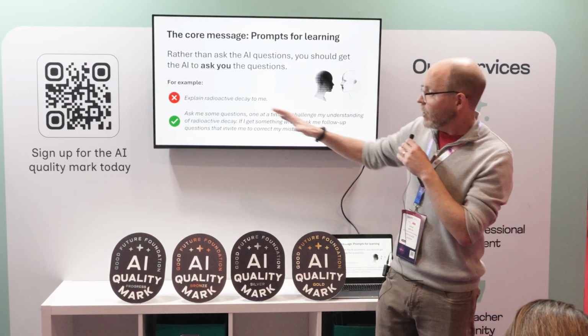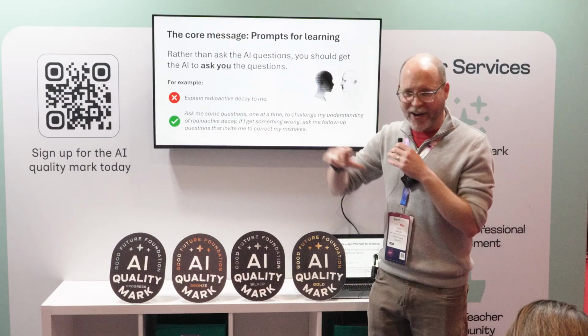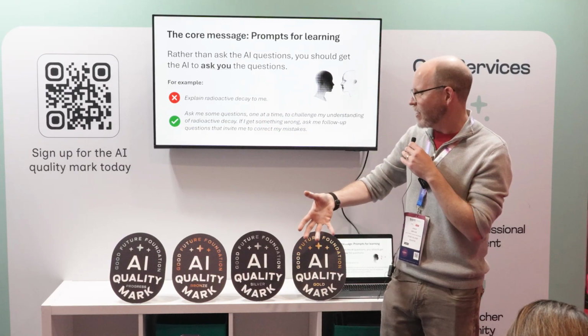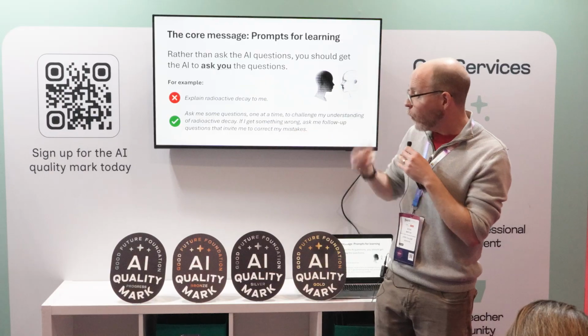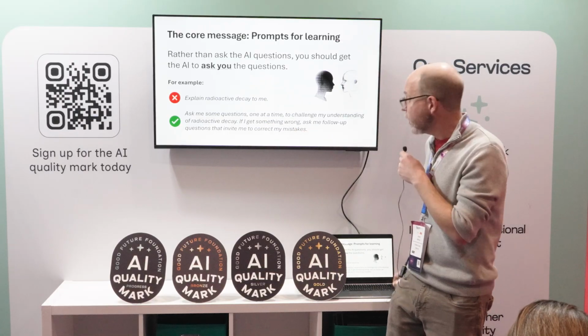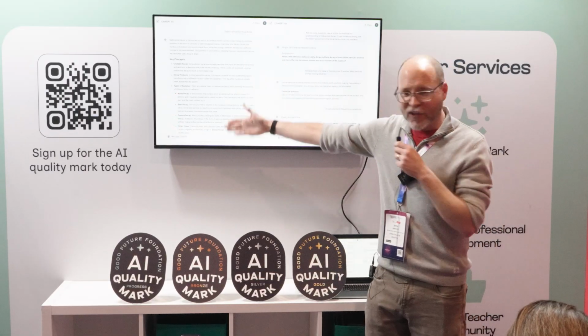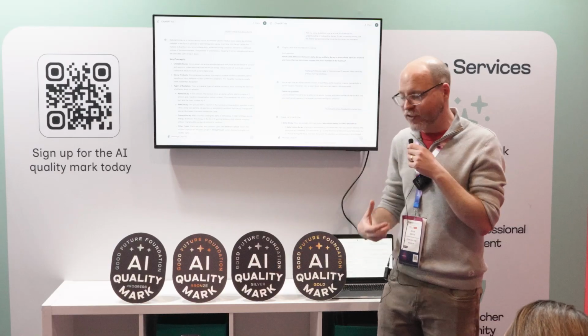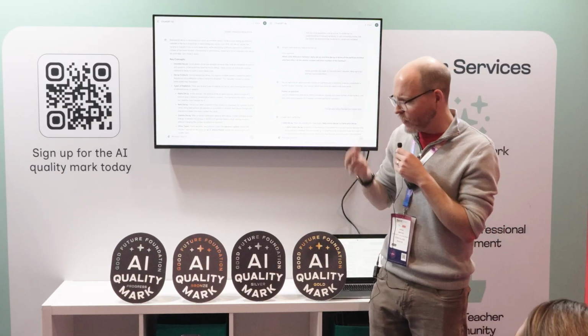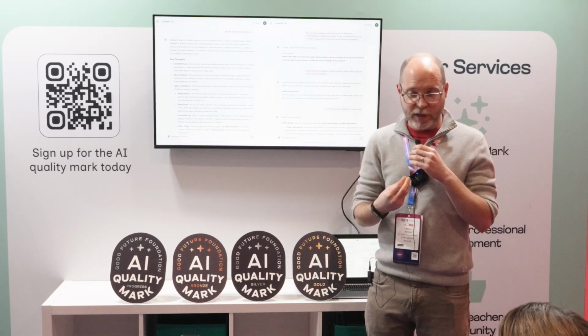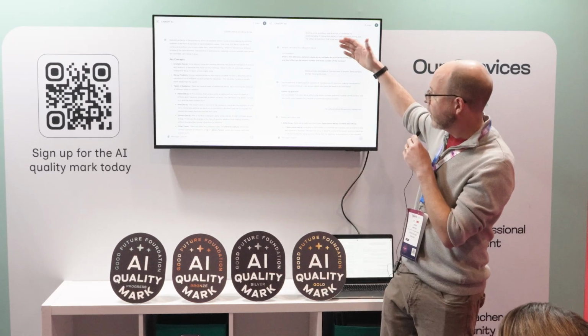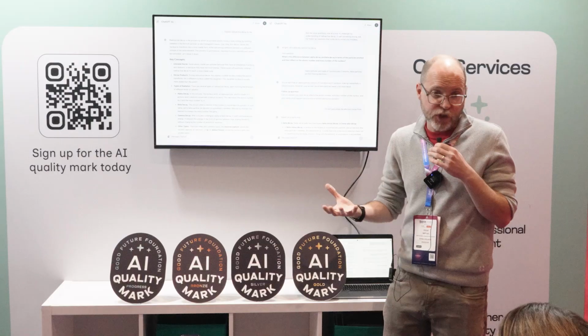Typically what students tend to do is write something short like, "Explain radioactive decay to me." But with a little bit more effort, writing a more thoughtful prompt, you could turn an activity which was originally just lots and lots of text, very hard to digest, something which as a student you're most likely not going to get the most learning from, into something that becomes more like a personal tutor.